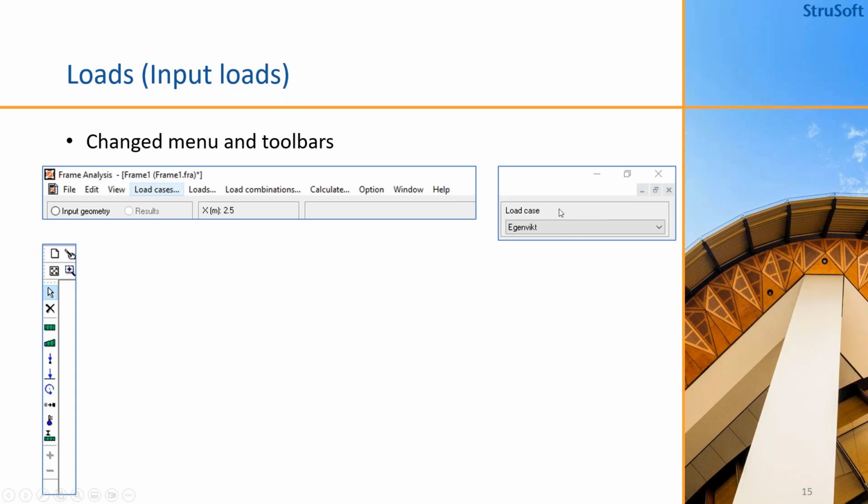So here I have the load case of dead load. And when I apply the loads that are shown here in the toolbar on the left-hand side, which now has the loads instead of the elements and supports, then I will be applying those loads on that load case.